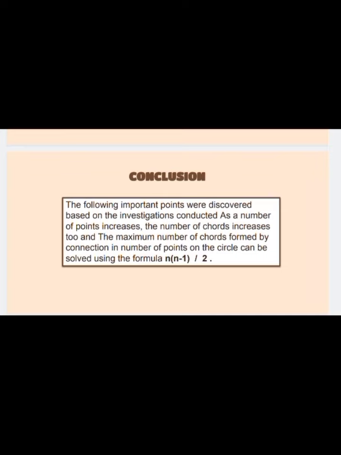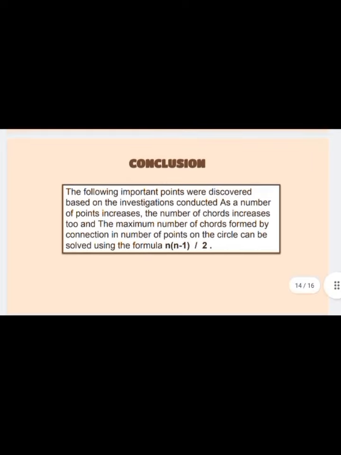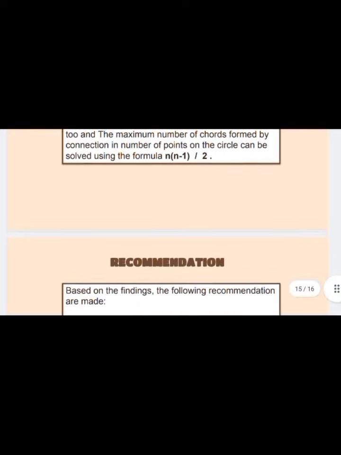And the maximum number of chords formed by connecting the number of points on the circle can be solved using the formula we used earlier in determining the chord: n times the quantity of n minus 1 divided by 2.